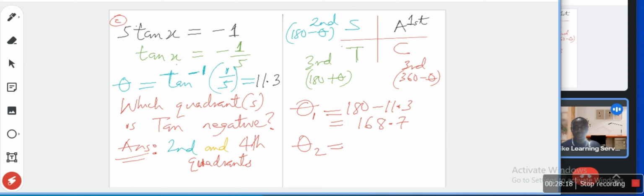So the second theta, theta 2. Where is it also negative? Oh my goodness, this is fourth. I wanted to write fourth here, I wrote third, and you didn't correct me. This is fourth. Where is it also negative? In the fourth one, is it not? So what do you do in the fourth one?